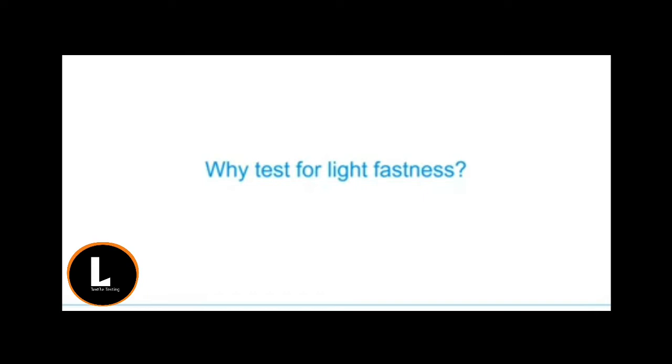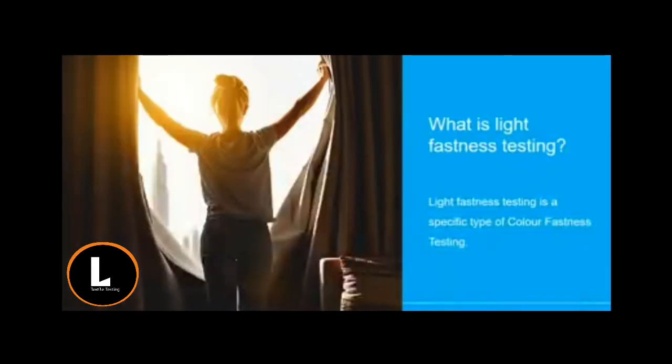So why do we conduct this type of testing, and why is it so important? Well, the purpose of light fastness testing is to subject your test specimens to artificial light and then to assess the impact on the colour of the material. The tests are not only concerned with the total change of the specimen and the time until failure, but also how the property changes over the duration of the exposure.